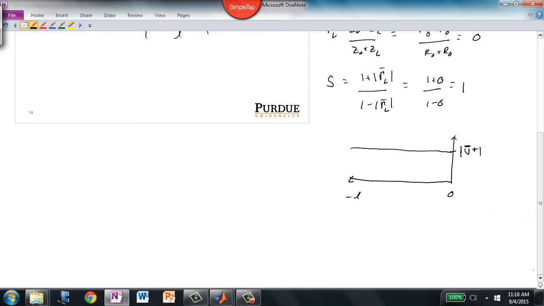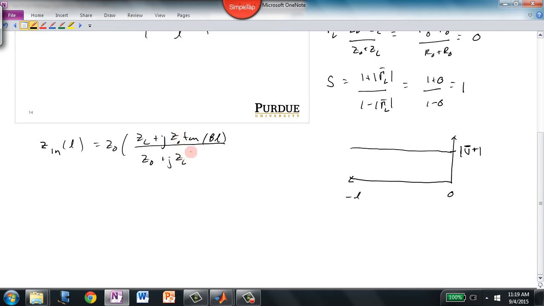We can also calculate the input impedance of this matched lossless line at any distance d, and that calculation is Z in of whatever the length of line is going to be equal to Z0 times (ZL plus j Z0 tan of beta L) over (Z0 plus j ZL tan beta L). So you notice that I'm using the lossless formulation of the input impedance equation.